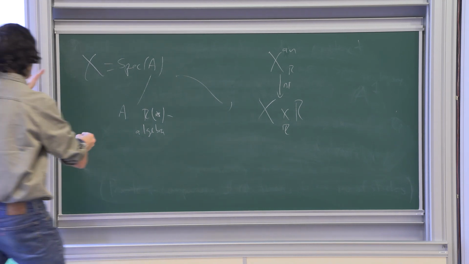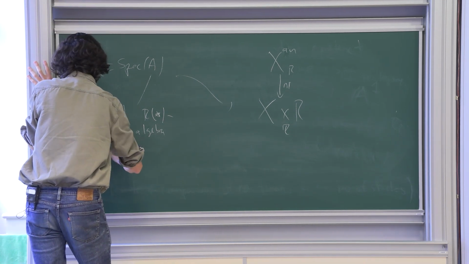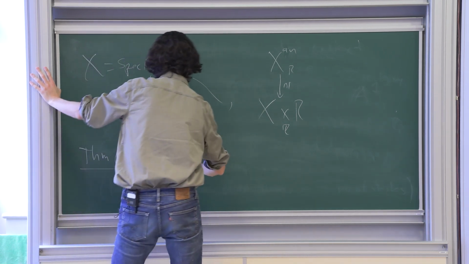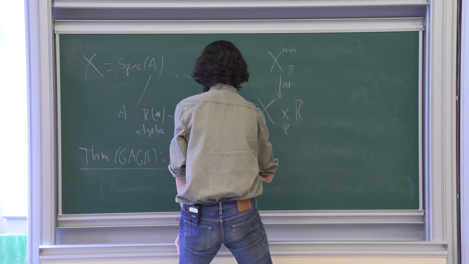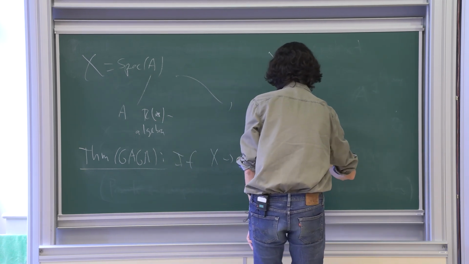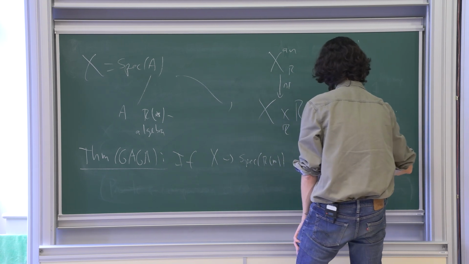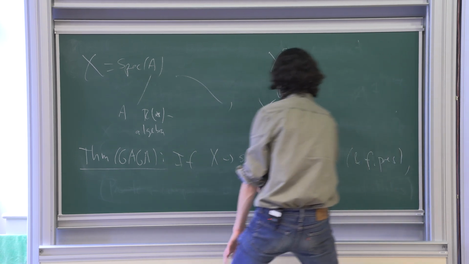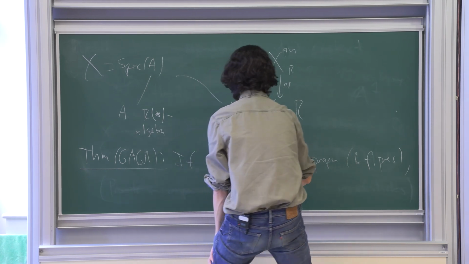And then there's a general theorem. So the general result on GAGA is that if X to spec R is proper, and maybe I should add finitely presented, then this map is an isomorphism.